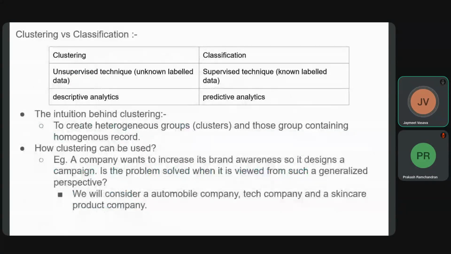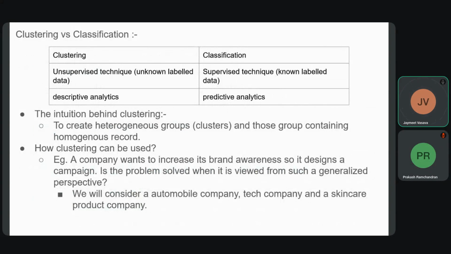So, clustering compared to classification. Clustering is an unsupervised technique, whereas classification is a supervised technique, as we have labeled data or a known outcome. Whereas in clustering, we have unlabeled data and we don't have a known outcome.